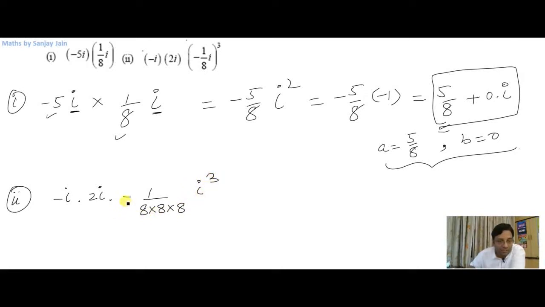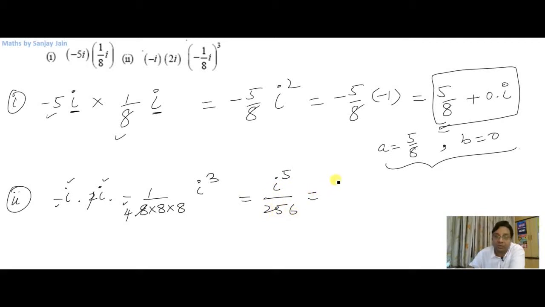Now if you see, this minus and this minus will become plus. And how many iota do I have? I have got this 1, 2 and 3. This is iota raised to power 5, and this minus into minus will become plus, and this 2 here will give me 4 here. So this is 8 into 8, 64 into 4, 256.